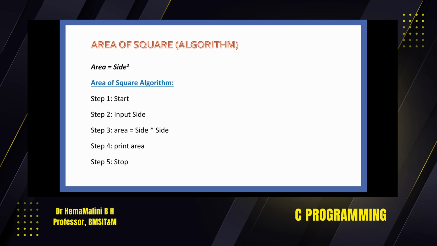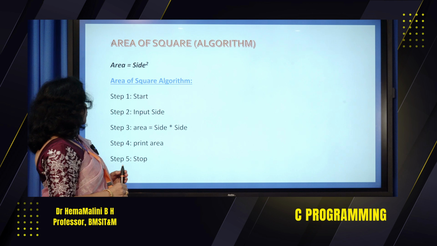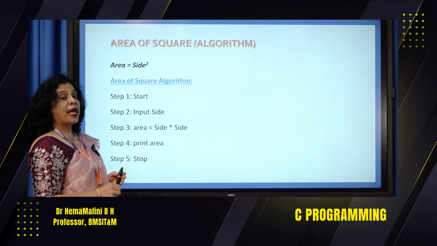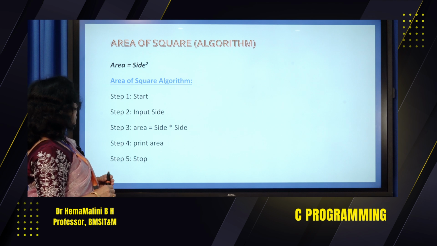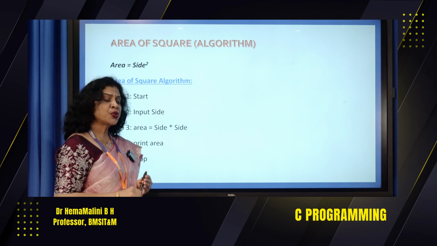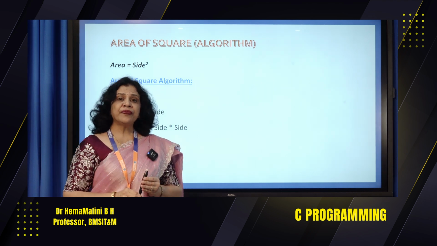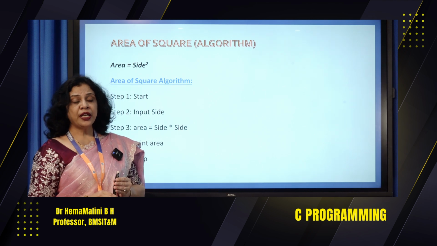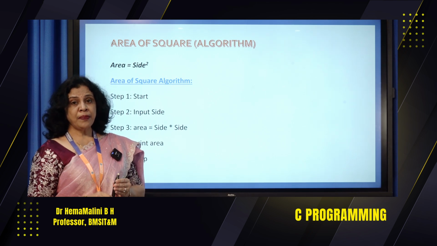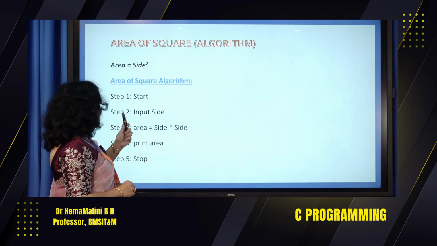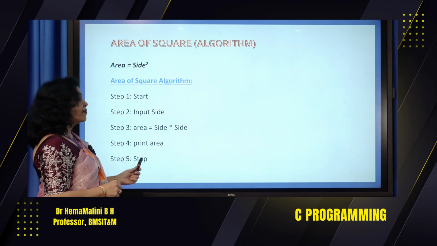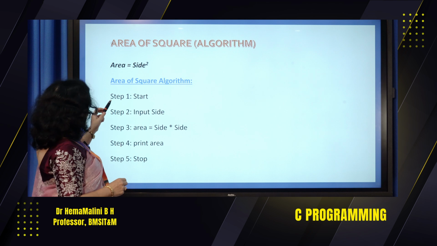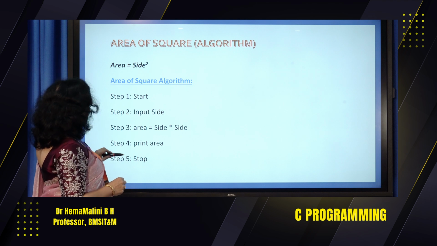Now, let us see how to write an algorithm to find the area of a square. Any algorithm, as I already mentioned, will show the step-by-step procedure. We always have a start and the last step will be stop. These two steps are mandatory.